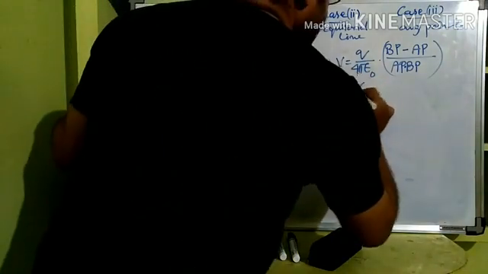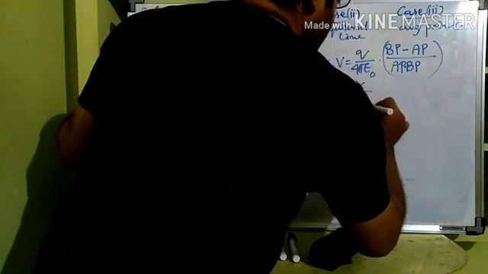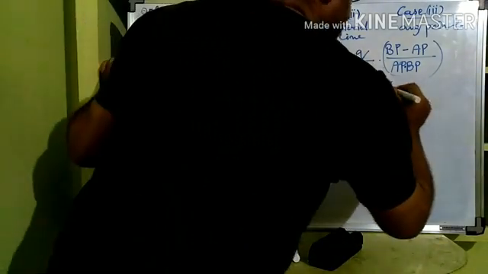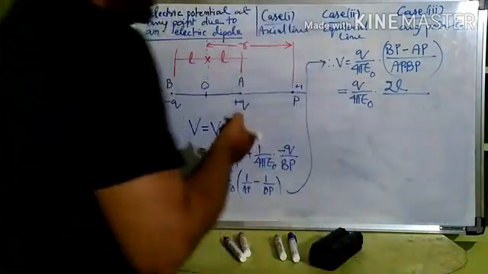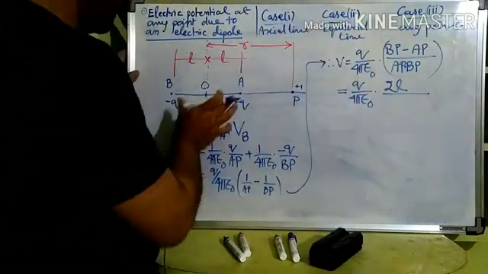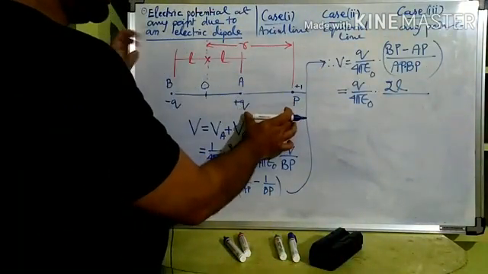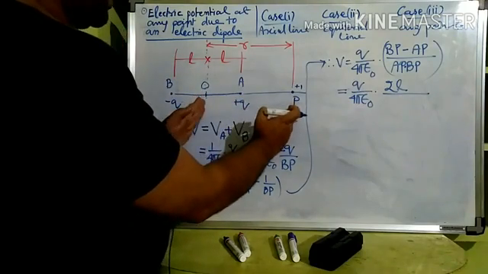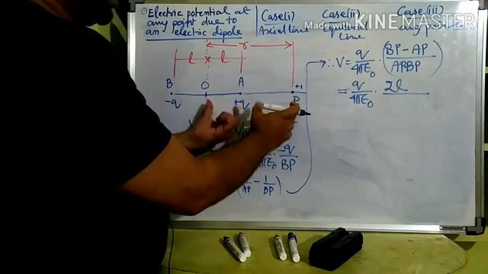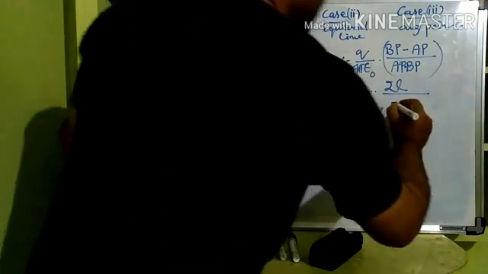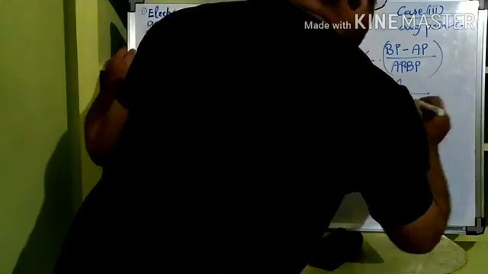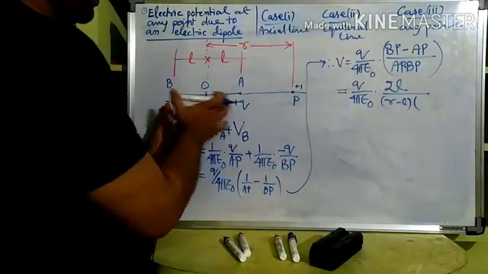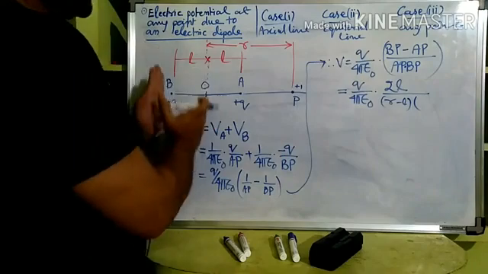So we write q by 4 pi epsilon naught, and BP minus AP, that is AB, which is equal to 2L as we wrote, divided by AP dot BP. AP is equal to R minus L, since from O to P is R, and from here to here is L. So AP is R minus L, and BP is R plus L, from P to O, R plus this much L.